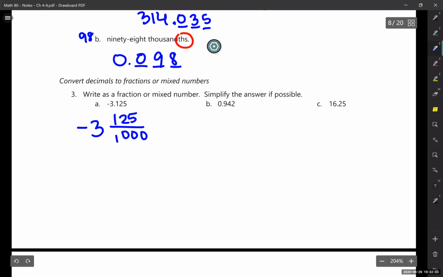The way you read the decimal is the way you write the fraction. Now, I don't need to worry about the front of the whole -3 part. That's fine. So what I'm going to do is I'm going to reduce 125 into 1,000, and 125 goes into 1,000 8 times. So I'm going to reduce.